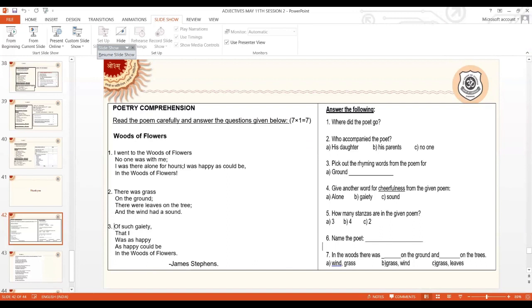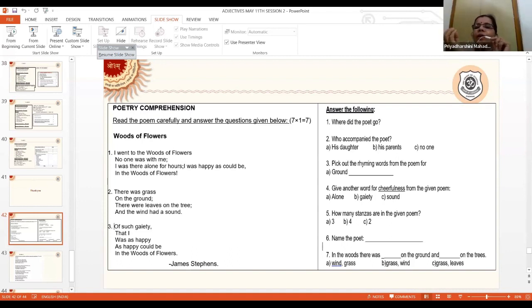Who accompanied the poet? Suppose if these options are not given, what will be the child's answer? No one. When the child is asked to write the answer in a full sentence, what should he write? No one accompanied the poet.